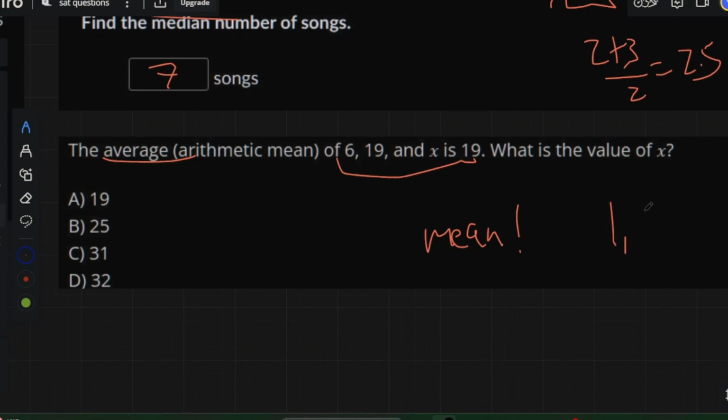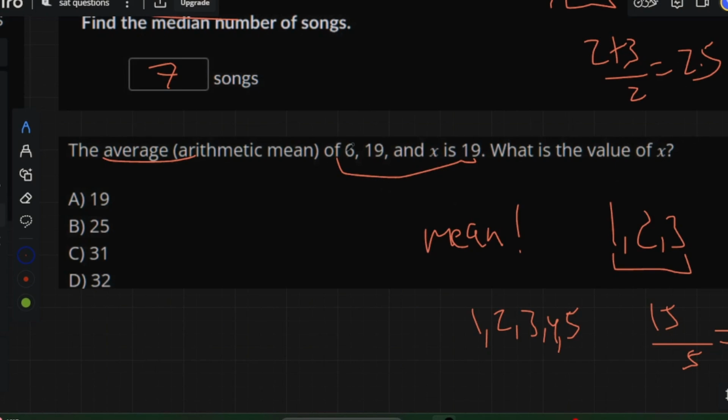We're given the numbers 1, 2, and 3. We're going to add all of the terms and divide by the amount of terms. So 1 plus 2 plus 3 is 6, and we have 3 terms, so 2 is going to be your mean. Now, say you're given 1, 2, 3, 4, 5. 5 plus 4, 9. Then 9 plus 6, 15. You're going to do 15 divided by 5. And that is 3. So 3 would be your mean.